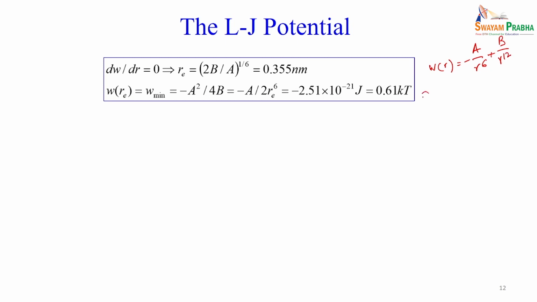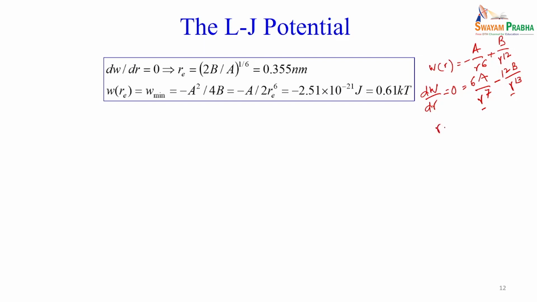You have to say dW upon dr equal to 0. So, dW upon dr will be 6A upon r to the power 7 minus 12B upon r to the power 13. And if you put this value as 0, we can simply get the value of r.